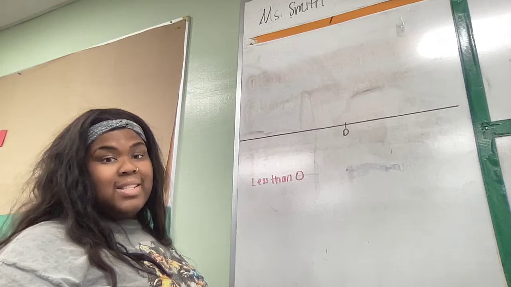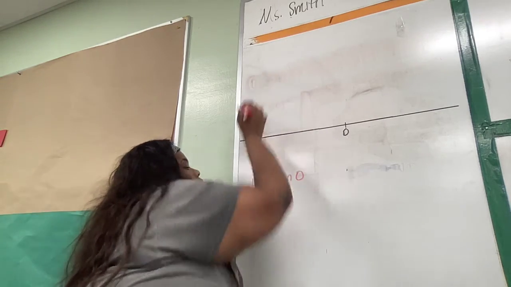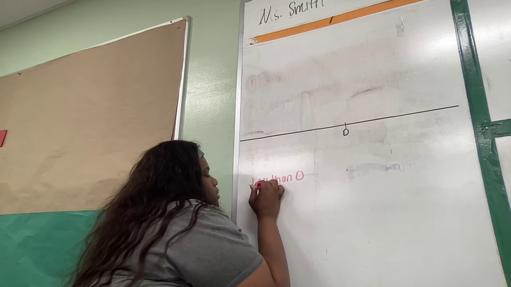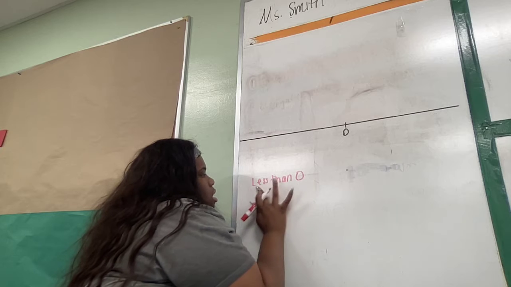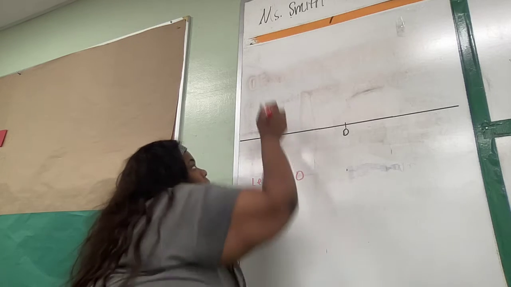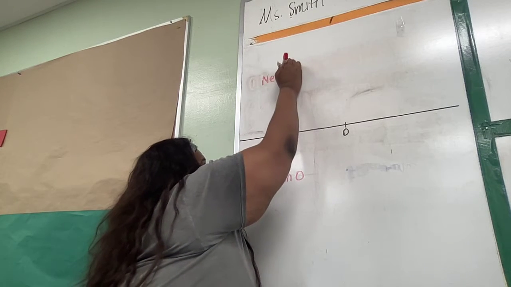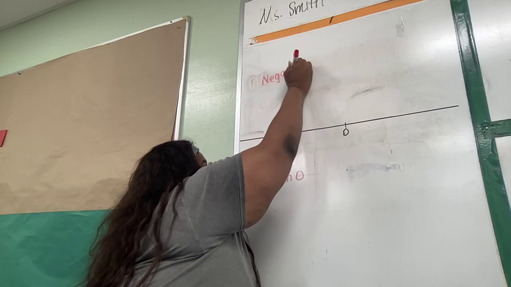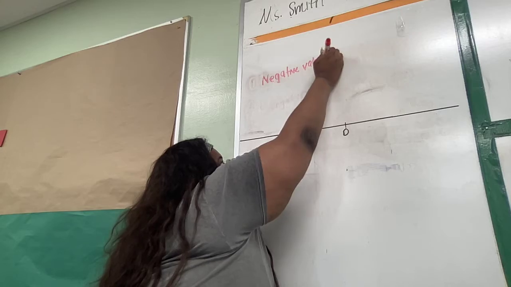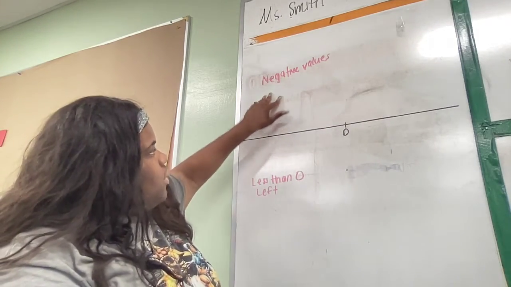Okay, less than 0. And we're going to write that in red too. That is to the left. And then they're called negative numbers. Negative numbers are negative values. Okay, so we're going to write that to the left of 0.